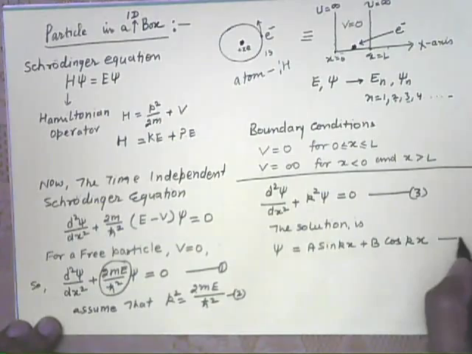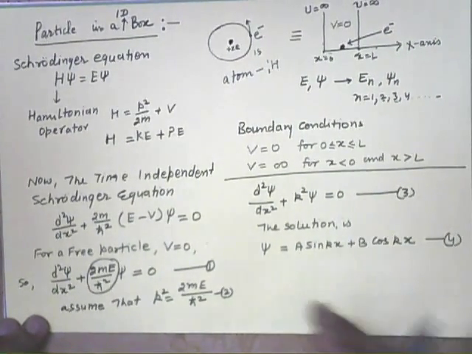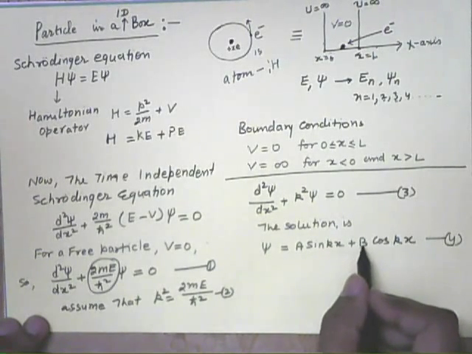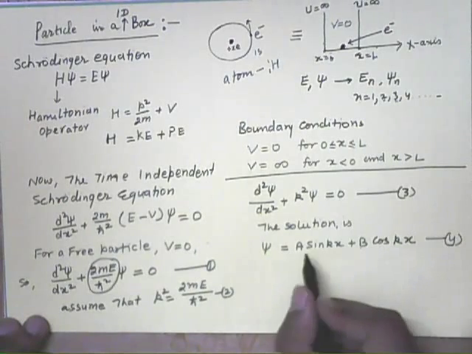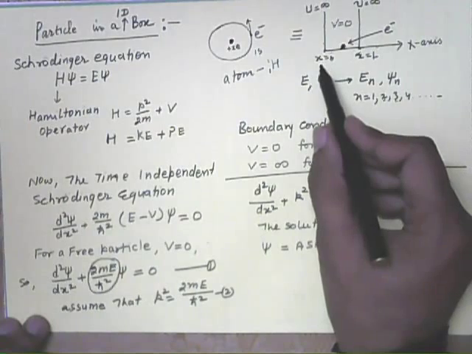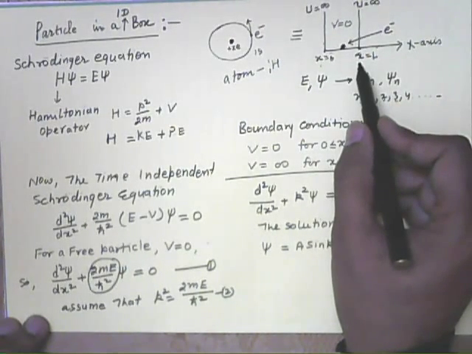Suppose this is equation number 4, where A and B are constants and the values of A and B can be determined by applying the boundary conditions x is equal to 0 and x is equal to L.